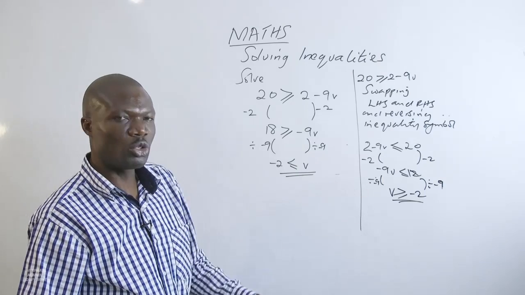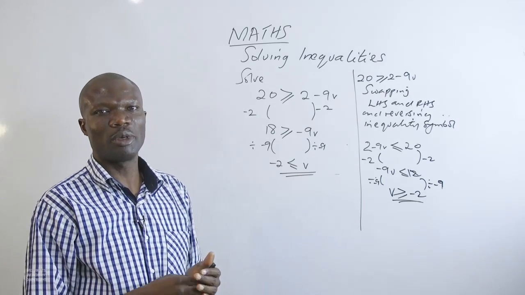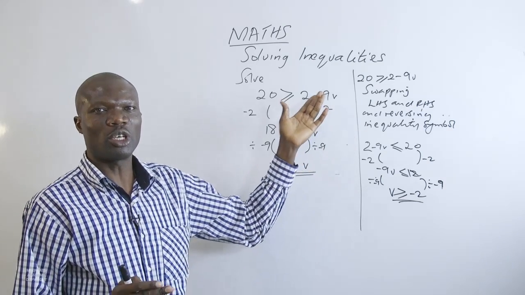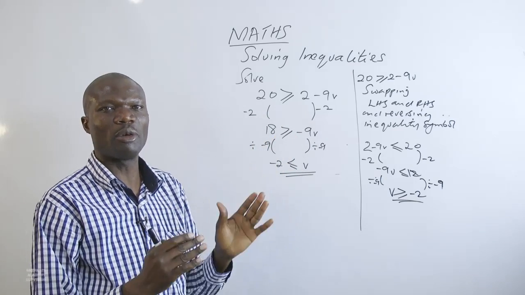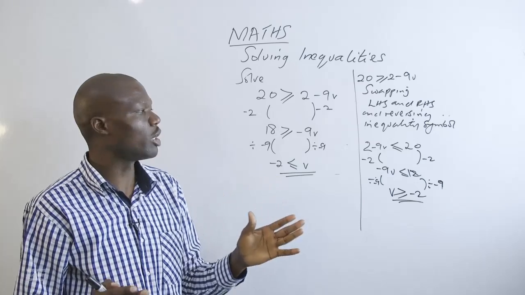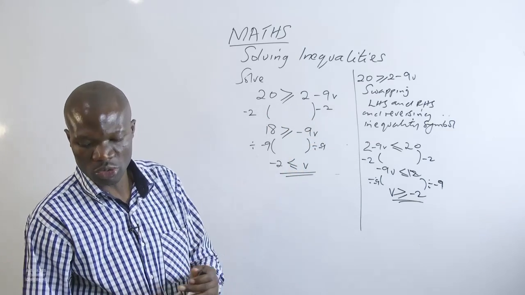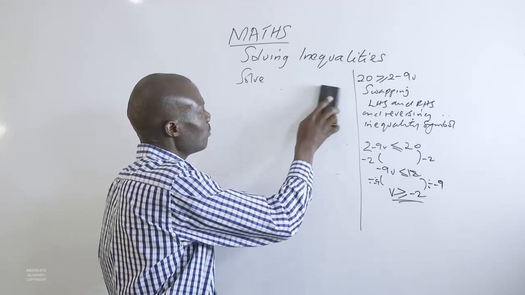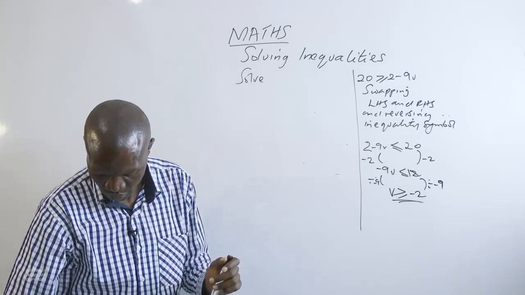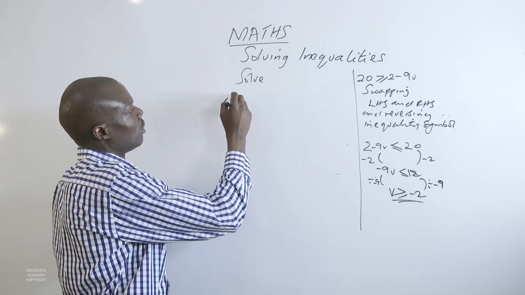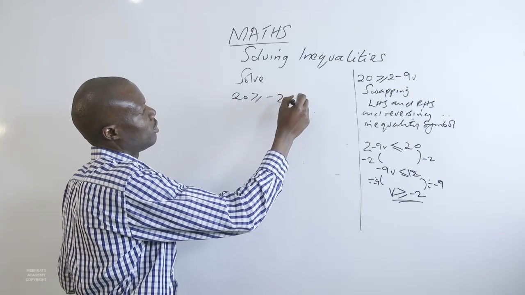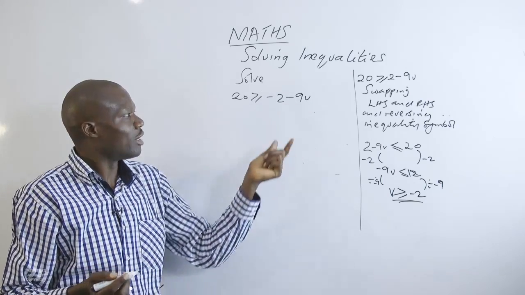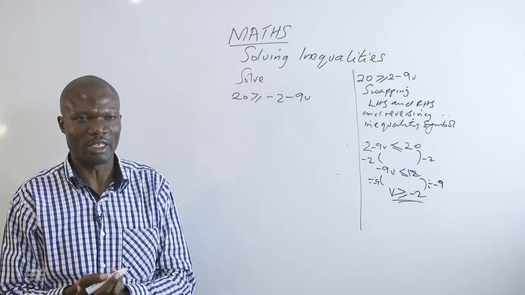The third way in which you can still approach such a similar question is by choosing to add the pronumeral term to both sides, instead of simply starting to solve. Let us try the third way. We have 20 is greater than or equal to 2 minus 9v. In this approach, we decide to add 9v on both sides.